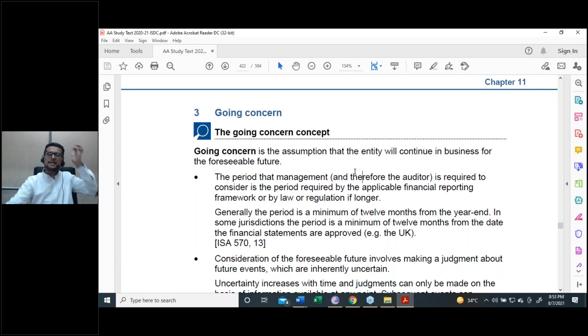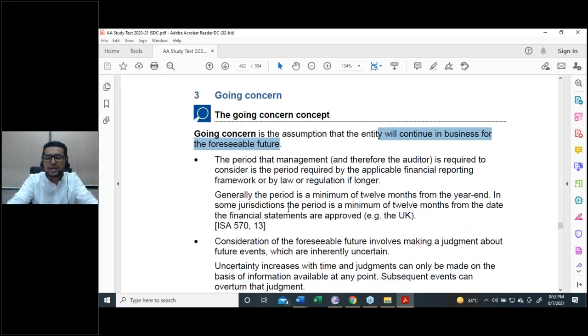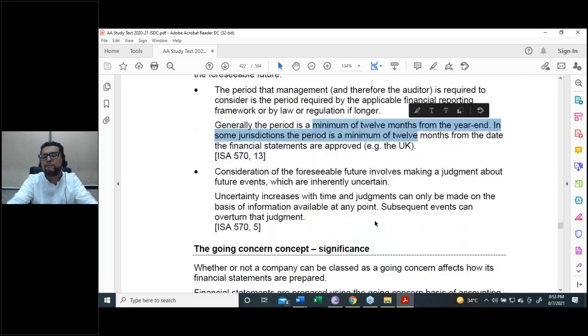Going concern is basically an assumption. This assumption is used by the management when they are preparing the financial statements. What does that assumption say? That the company or the organization will continue in business for the foreseeable future, and the foreseeable future is considered at least a minimum of 12 months from the balance sheet or the reporting date.